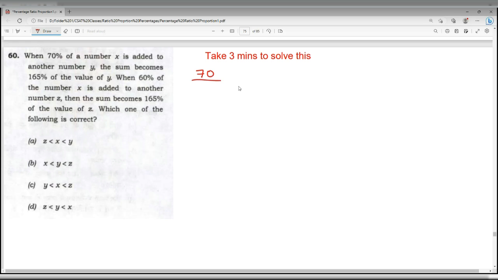So 70 by 100 times X plus Y is equal to 165% of the value of Y. 165% we can say as 100% plus 65%, or you can directly take 165 divided by 100 into Y.